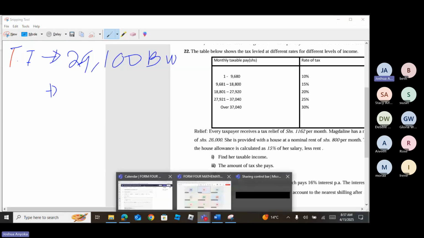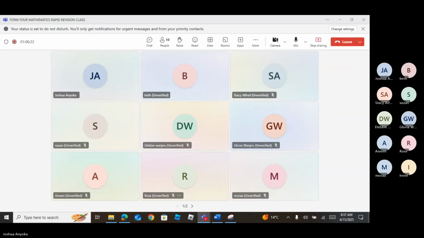Another person, Gloria. The taxable income. Rose. Ivan.